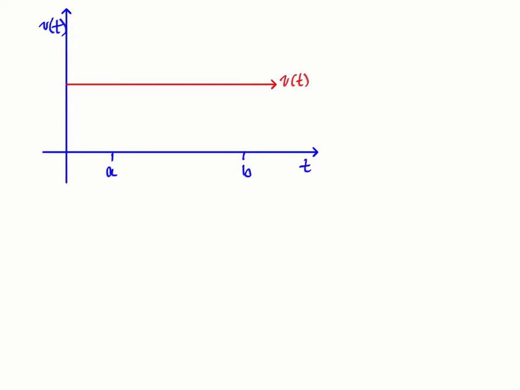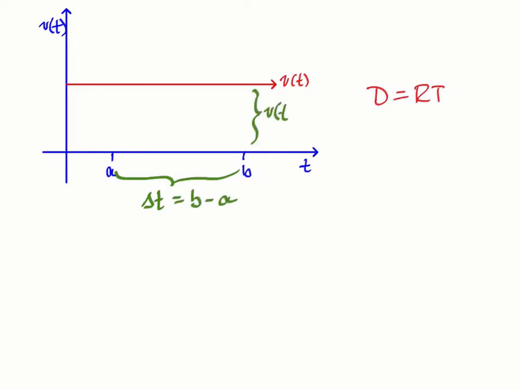So let's say we want the distance traveled between time t equals a and time t equals b. What do we have to do? Well, we're going to multiply rate times time. Distance equals rate times time. And the time is the time interval, delta t, which is just b minus a.